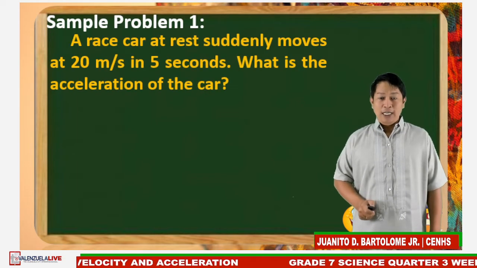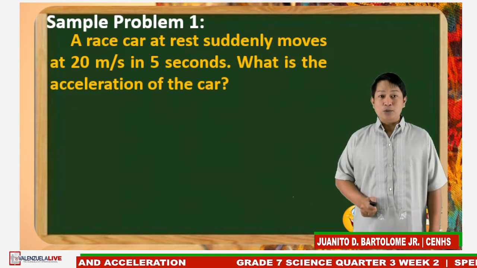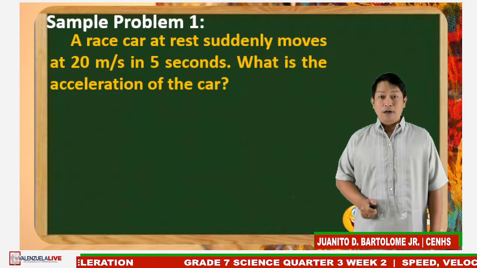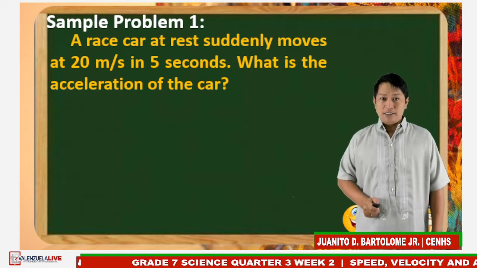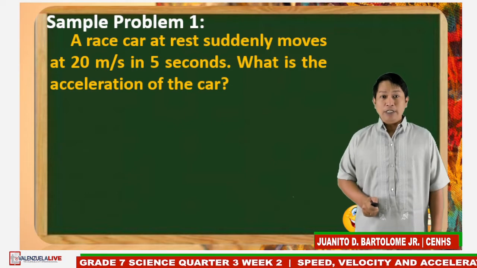Sample problem number 1. A race car at rest suddenly moves at 20 meters per second in 5 seconds. What is the acceleration of the car? First, let us find out what is being asked. Based on the problem, we have to solve for the acceleration of a racing car.